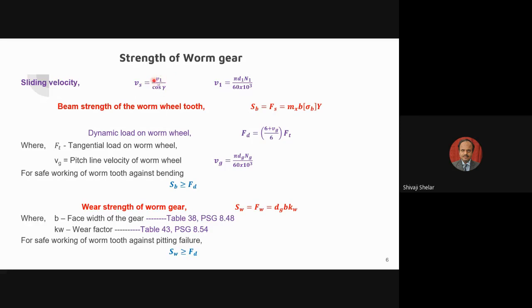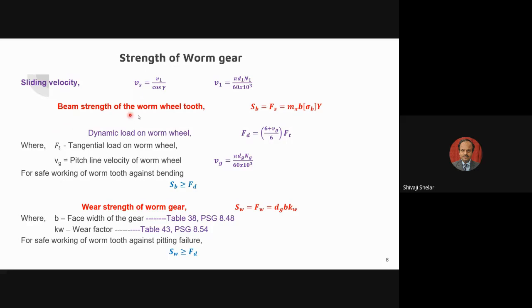The pitch line velocity based on your reference diameter D1 is V1 equal to pi D1 N1 upon 60,000. If you use D1 in millimeters, you get this value in meters per second. If this sliding velocity is high, then your coefficient of friction changes. So the coefficient of friction depends upon sliding velocity.